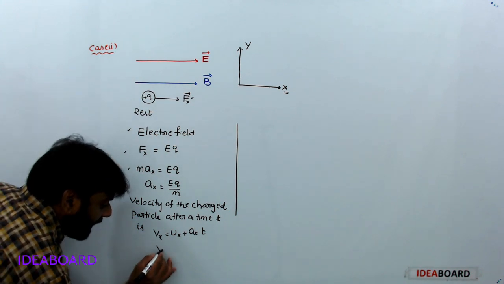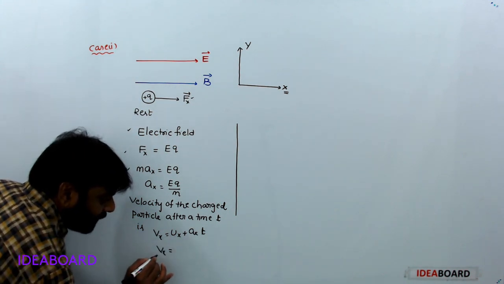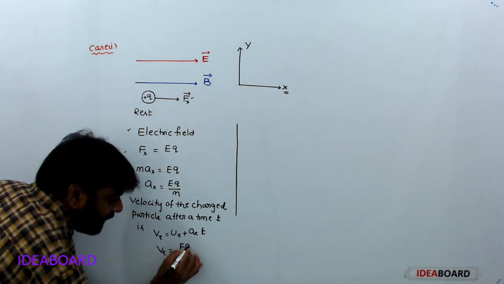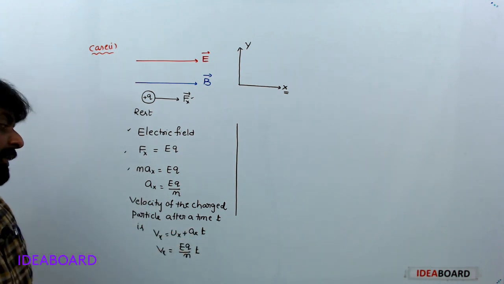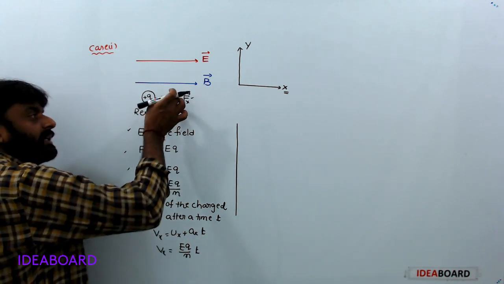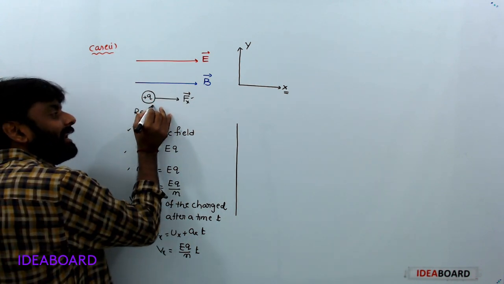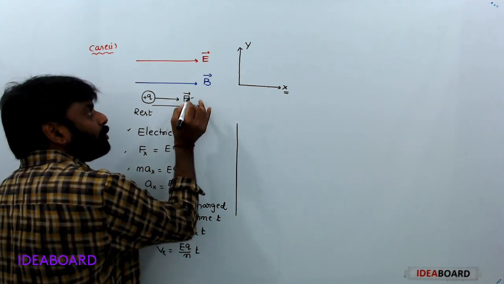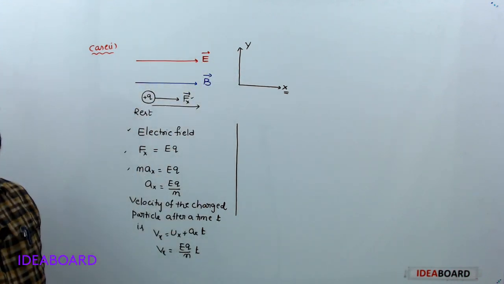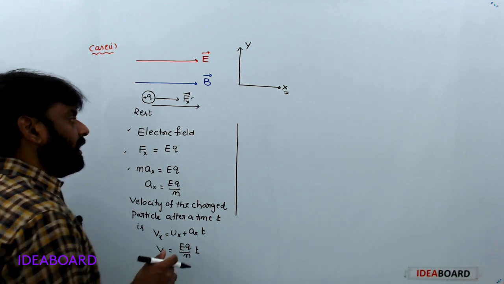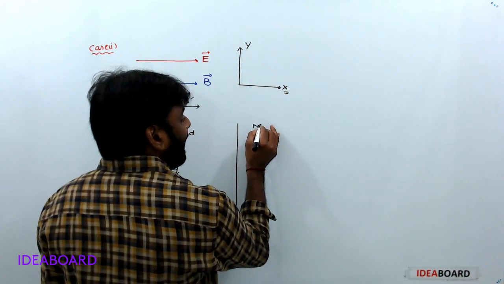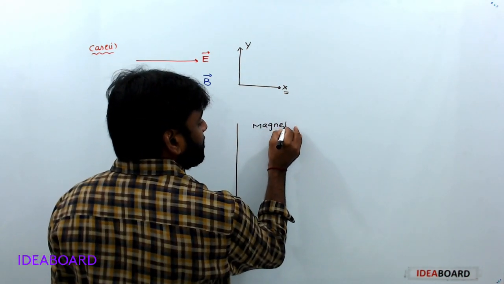So Vx is equal to 0 plus EQ by M into t. That means after a certain time this particle moves parallel to the electric field, that means along a straight line. Understood?